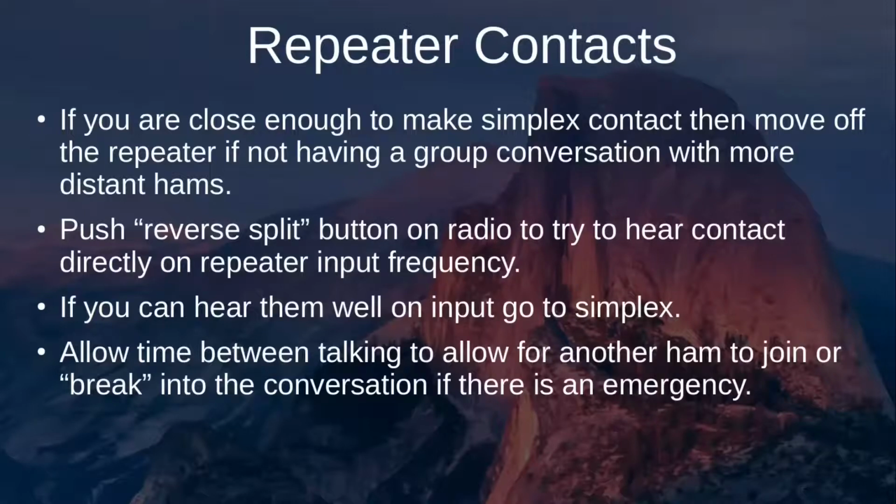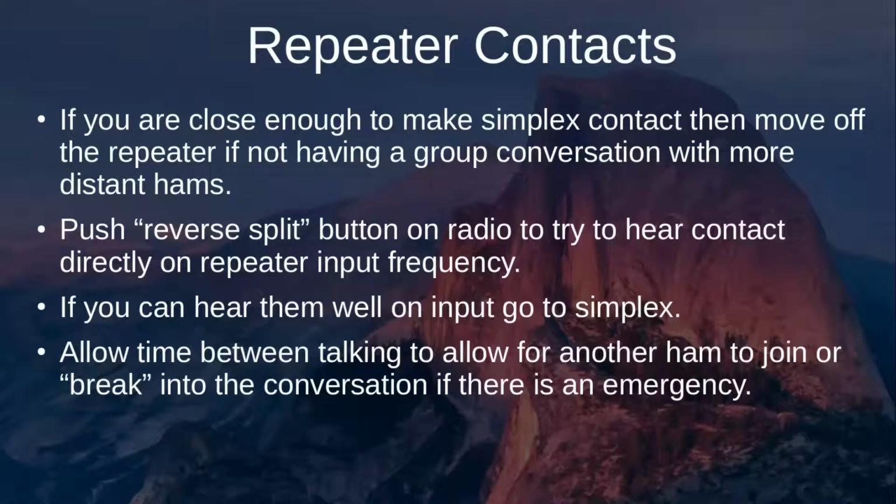Something you can do to determine if you can actually hear the other party on simplex is, when you're communicating with them, press the reverse split button on the radio to try to hear that contact directly on the repeater input frequency. What the reverse split does, instead of hearing that party on the repeater output frequency, is let you see if you can hear that party on the repeater input.